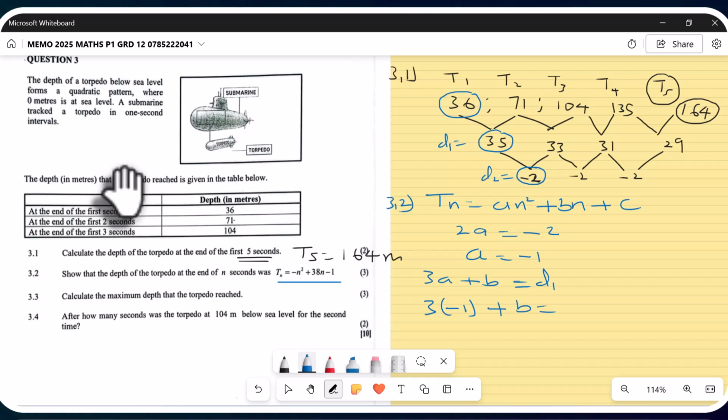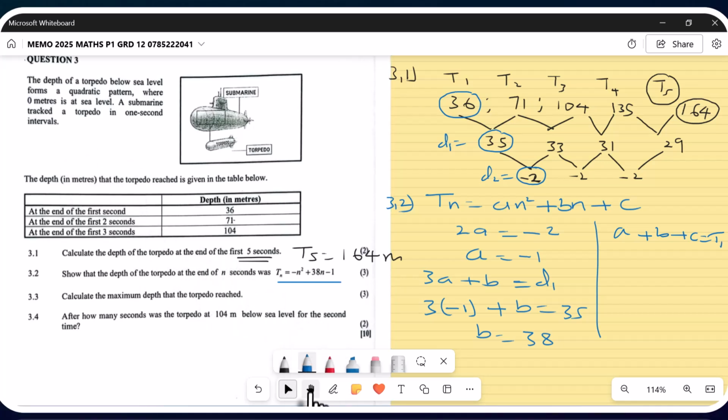As 38. Okay, then to get my c, I use my T1 number using a plus b plus c. A plus b plus c equals T1. So here, what do we do? Substitute again. We know that our a is negative 1, right, guys?